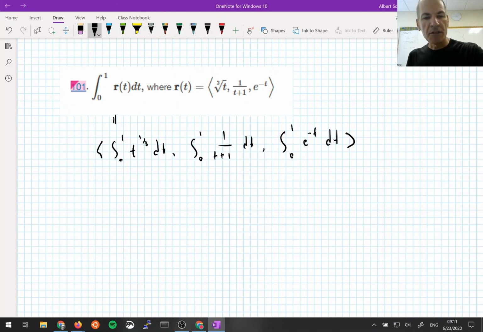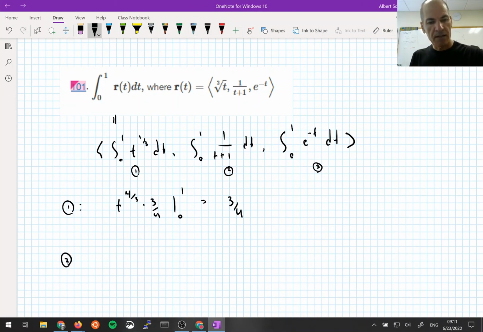Let's do each of these in turn. Call this 1, this 2, this 3. In 1, we want to anti-differentiate t to the 1/3. So that's t to the 4/3 times 3/4 from 0 to 1. And that works out to be 3/4.